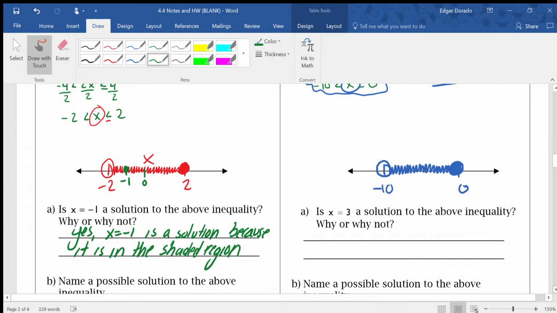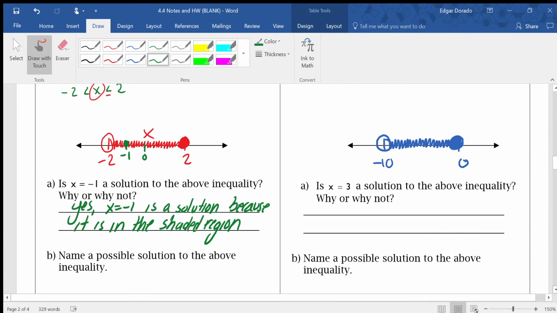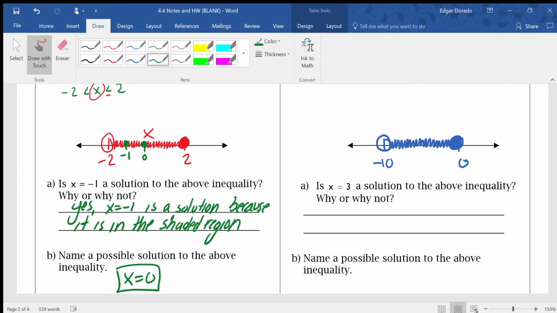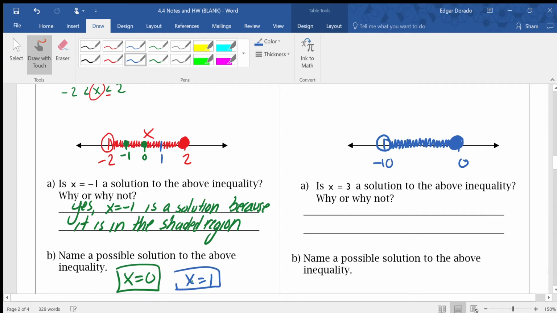Now it says name a possible solution to the above inequality. Well, I just showed you guys another point that's in here. The 0. 0 is a solution, so we can say something like x equals 0. Okay? Now that's not the only solution. There's actually an infinite number of solutions here, but maybe what about number 1? So x equals 1 is also a solution.